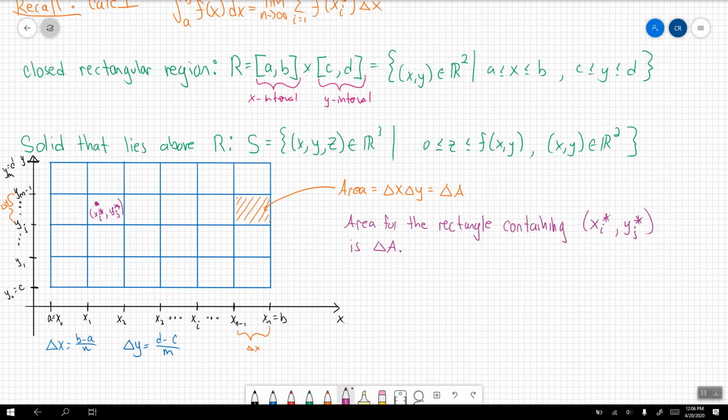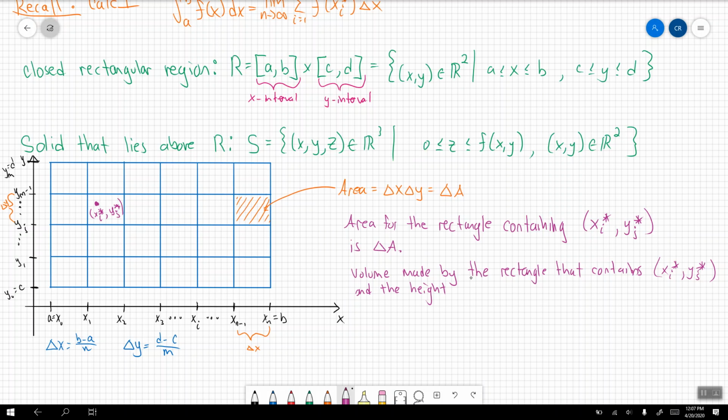So if we now wanted to calculate the volume made by the rectangle that contains x sub i star, y sub j star, and the height, and this is going to be the height that we're going to be looking for, and it's going to contain the height that goes up to the surface.